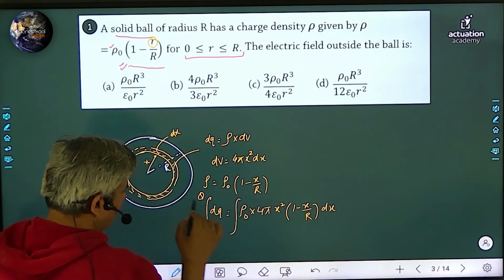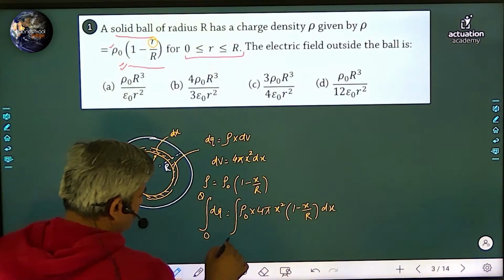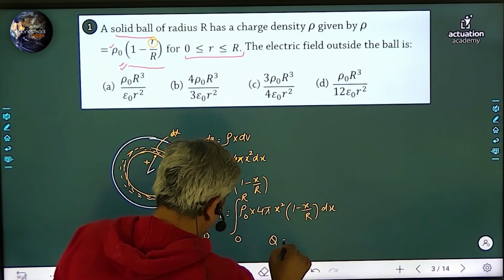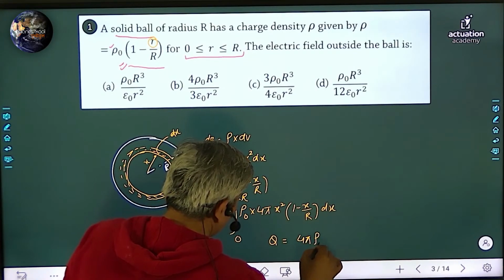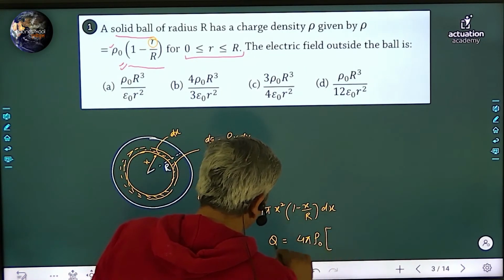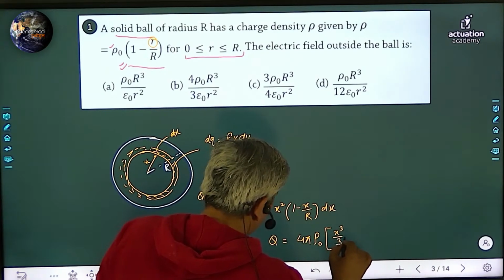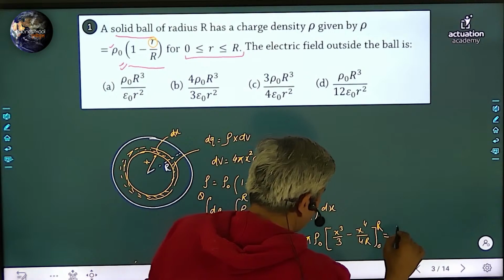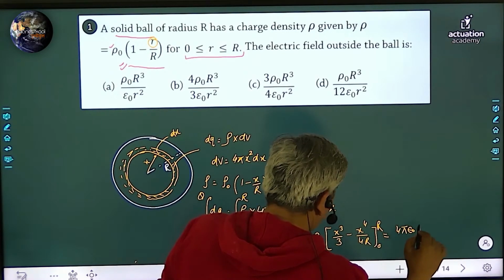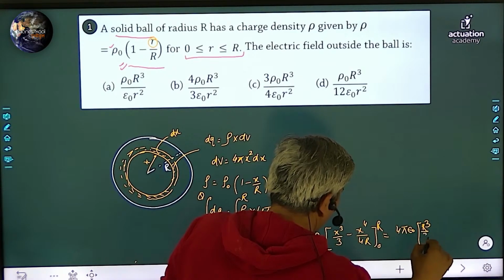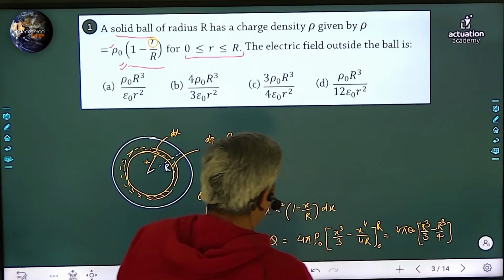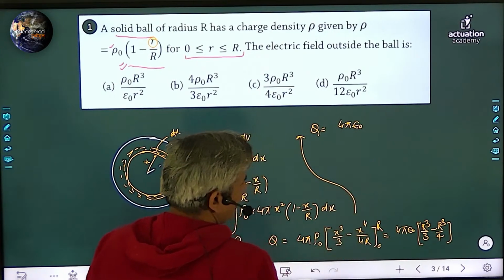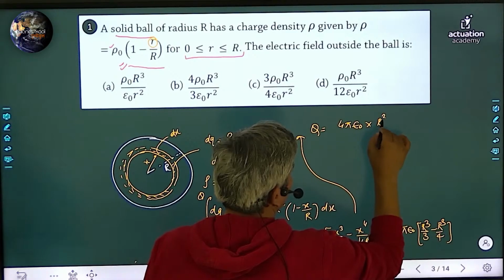and the total charge in this ball can be written by integrating dq from 0 to Q, and this is from 0 to R. Now this integration will give us Q is equal to 4 pi rho naught, and we will get x cube by 3 minus x to the power 4 by 4R, from 0 to R. This will give us 4 pi rho naught, and then we will get R cube by 3 minus R cube by 4, and from here the total charge can be written as 4 pi rho naught into R cube by 12.